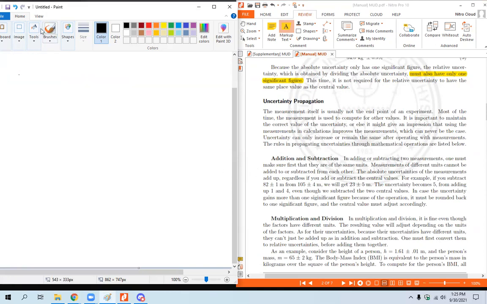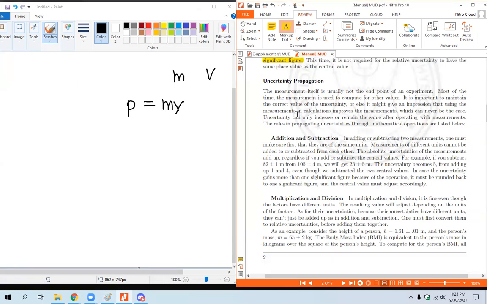Halimbawa, nag-measure tayo ng mass at ng speed, but we are to calculate a momentum which is P equals mv. If your mass and your velocity has its own uncertainty, paano mo gagawin yung calculation? Especially if your momentum also needs to have its own uncertainty. Well, dito pumapasok ang uncertainty propagation.